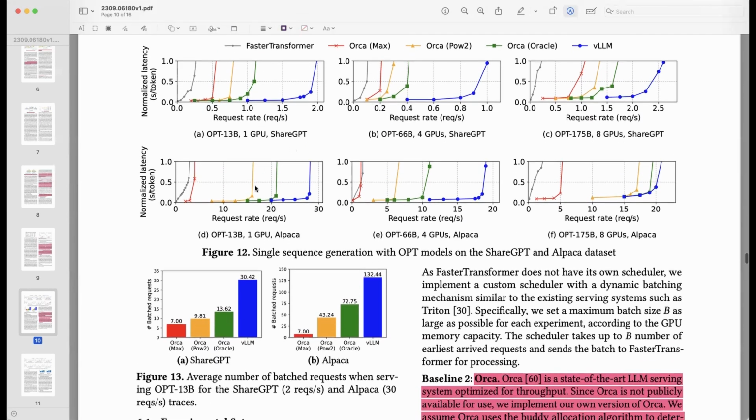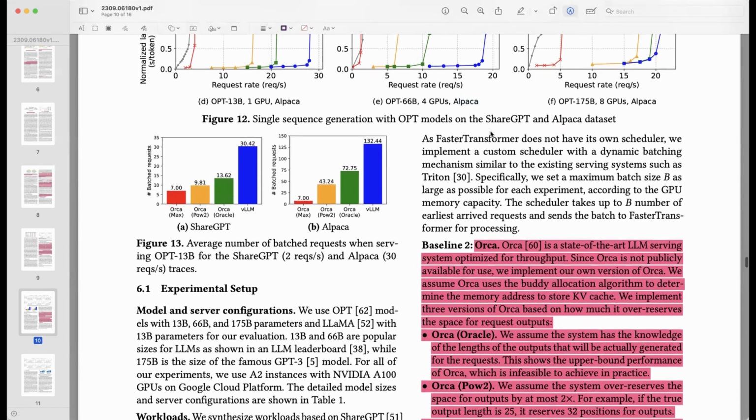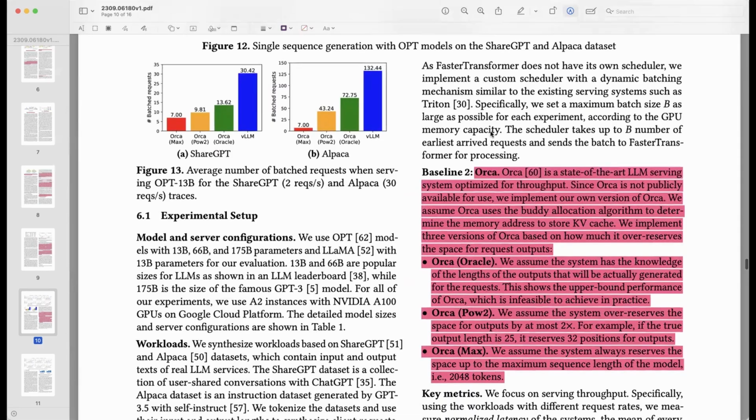They tested across different model sizes and different numbers of GPUs as well, and two different models, the Alpaca model and the ShareGPT model. Yeah.